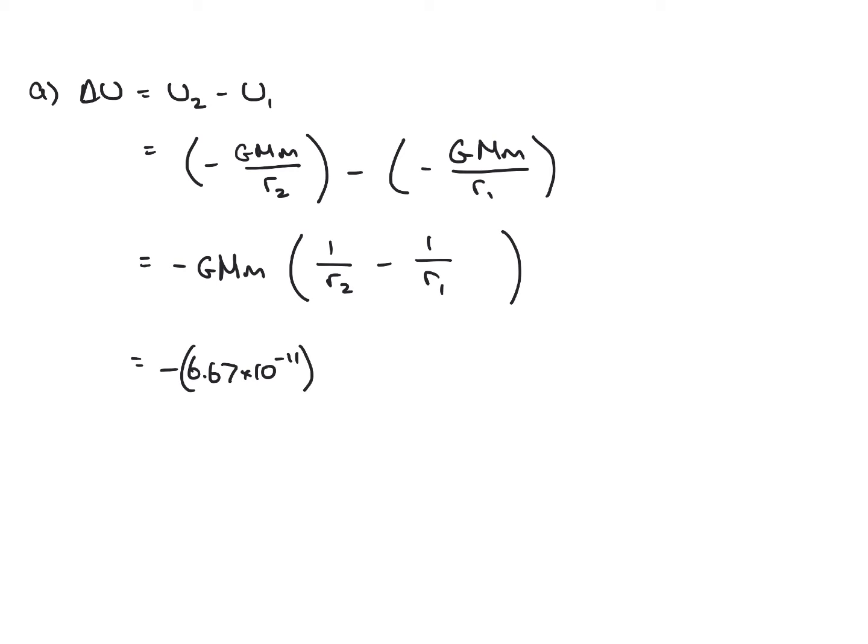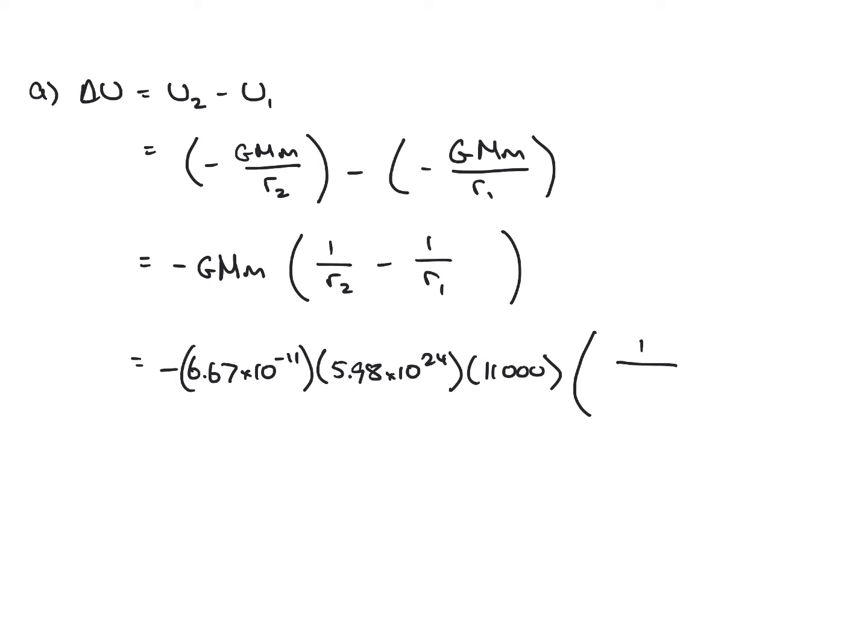There's the universal gravitational constant. Now the mass of the Earth. Now the mass of the telescope. And then 1 over the second distance.